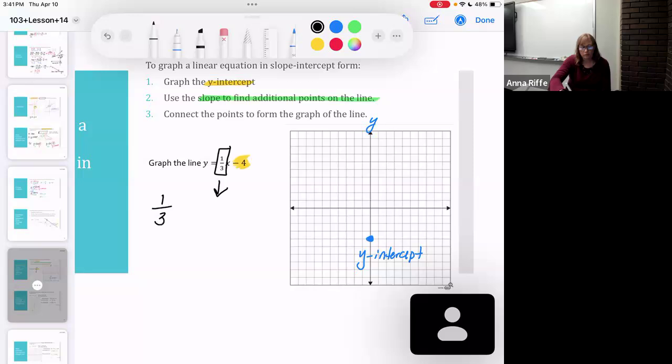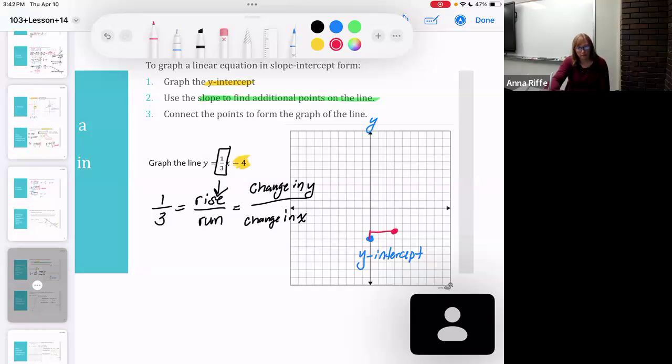So 1/3 is equal to the rise over the run, or if you prefer to think of it as the change in y over the change in x, you may do that. And what that means is, from that point that we just put on the coordinate plane, the y-intercept, we're going to go up 1. So I'm going to rise 1, and then I'm going to go to the right 3. I'm going to run 3. That gets me to another point on my line.